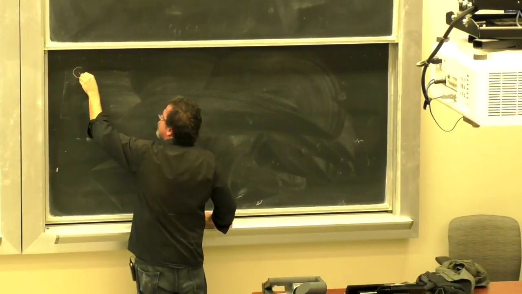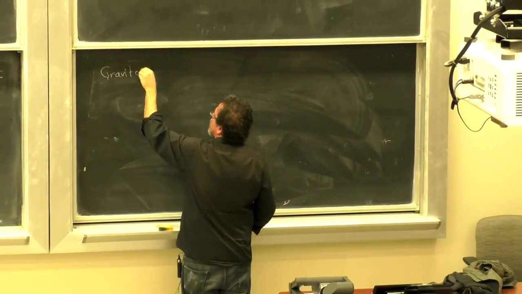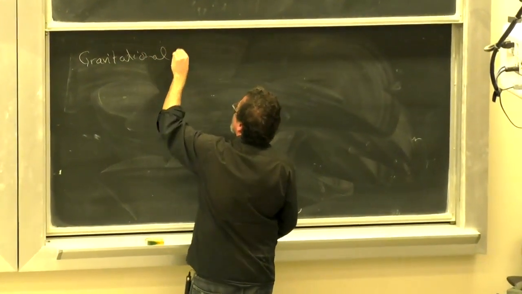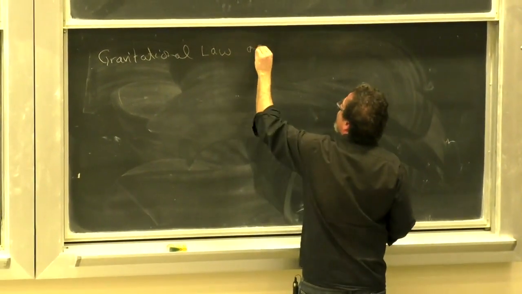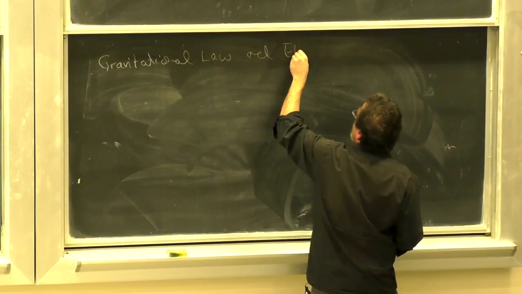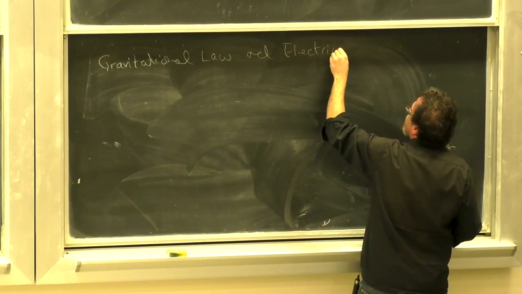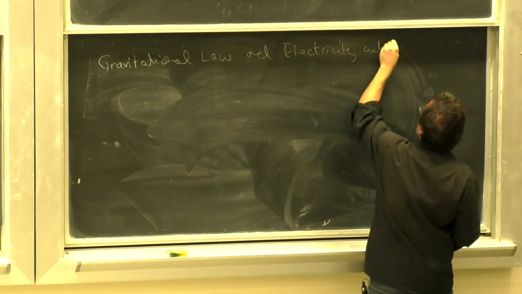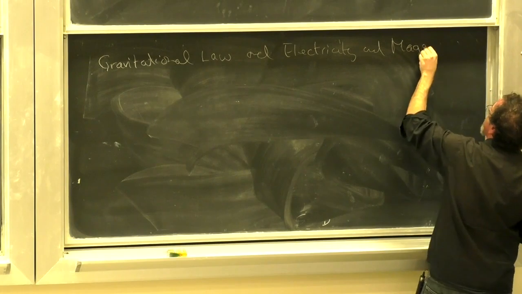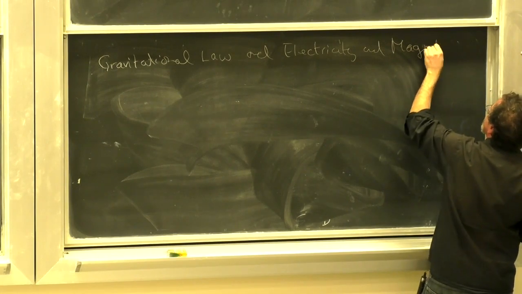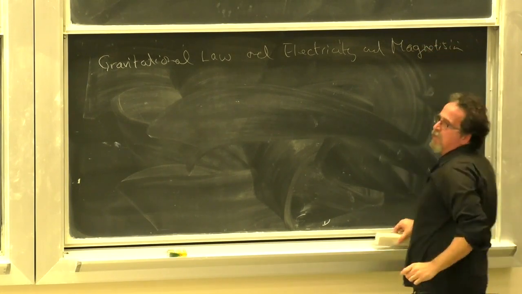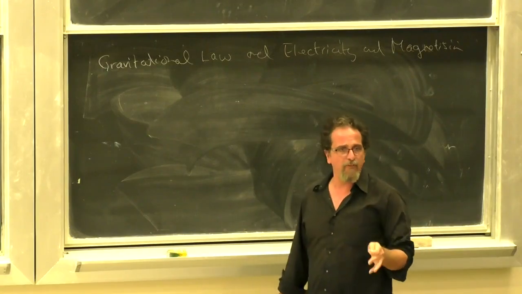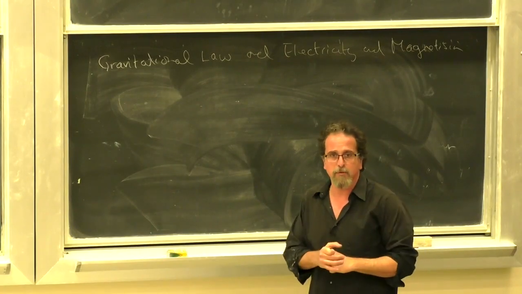So the gravitational law and electricity and magnetism have the property of the following relationships.